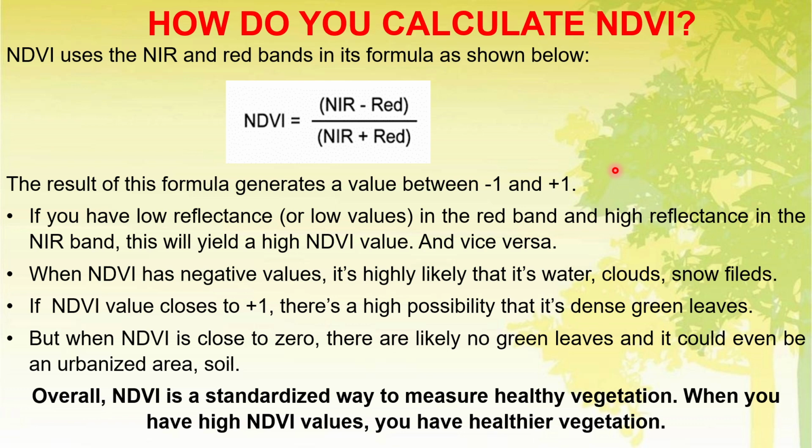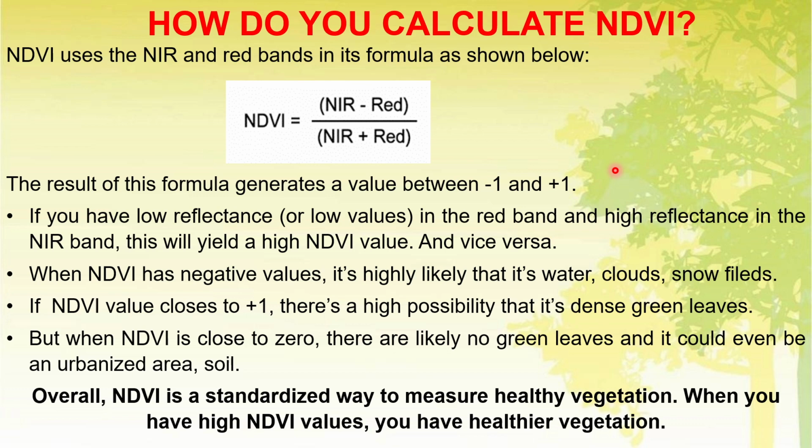If it is closest to +1, then it is a high possibility that it is a dense green leaf, and if it is close to 0, then it's likely no green, that is it may be urbanized area or soil.